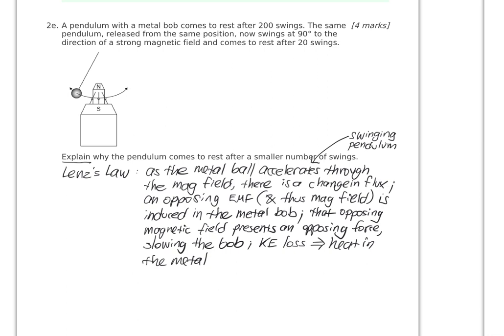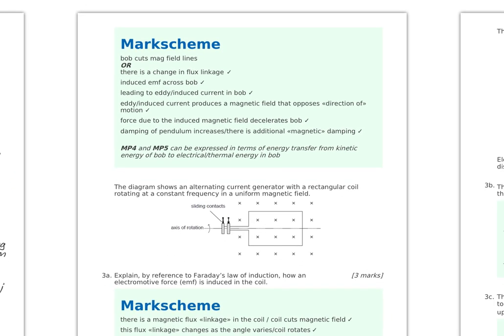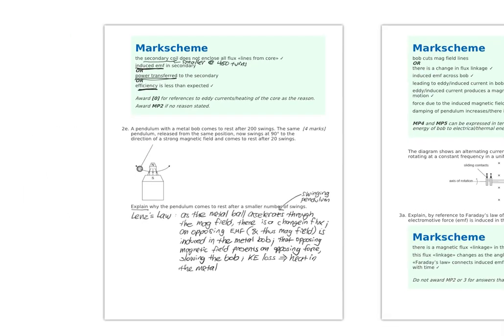And since it's an opposing magnetic field, it makes an opposing force slowing the bob down. Any kinetic energy loss in the bob turns into heat in the metal, which is what the mark scheme says. Notice there are 4 points, and there are 1, 2, 3, 4, 5, 6 checks here, because they're alternative explanations, but they pretty much say the same thing I just said. All right, so that was 2E.